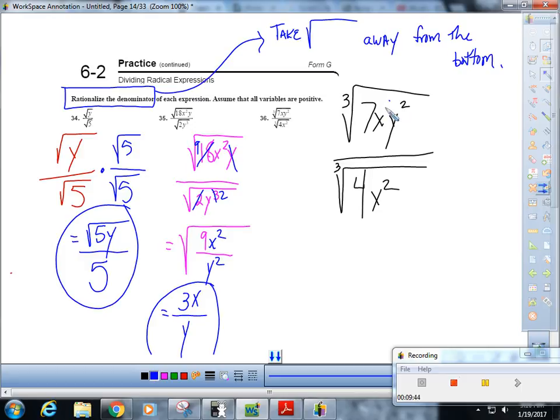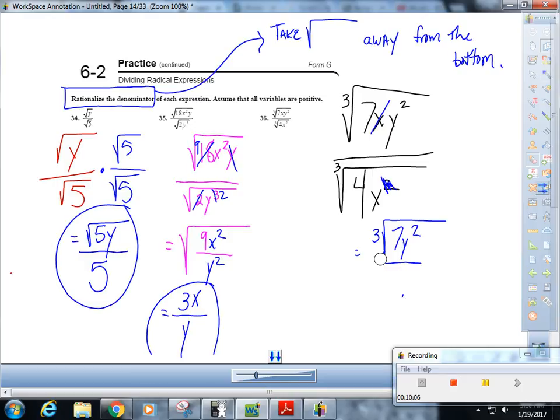We are going to take away that x and make that just an x on the bottom. So we end up getting the cube root of 7y squared over 4x. Actually, I should separate those. It doesn't matter, but it's easier for me to explain it to you this way. Over the cube root of 4x.